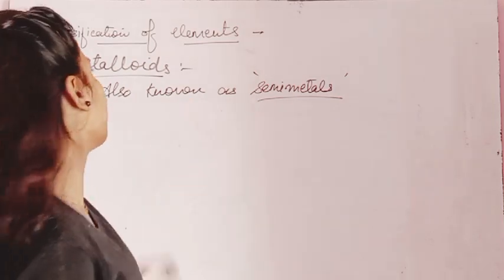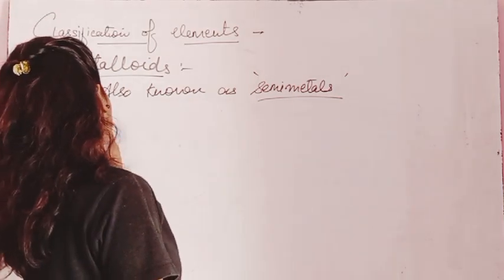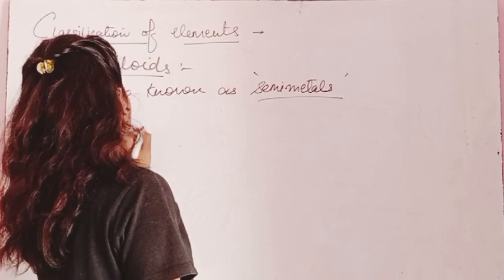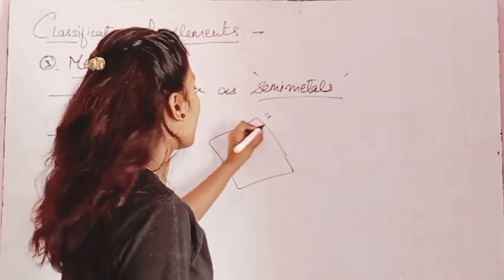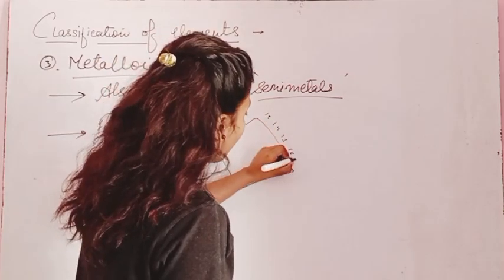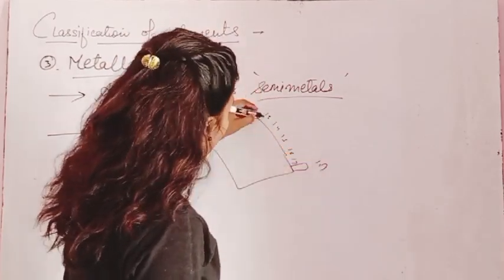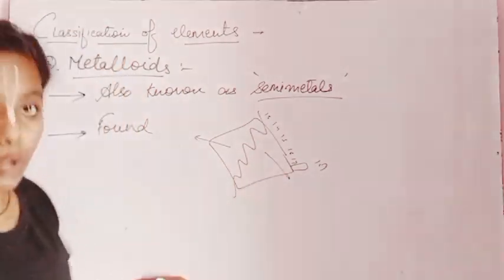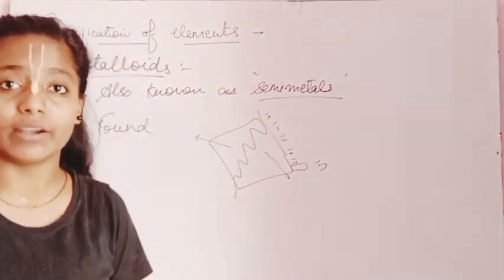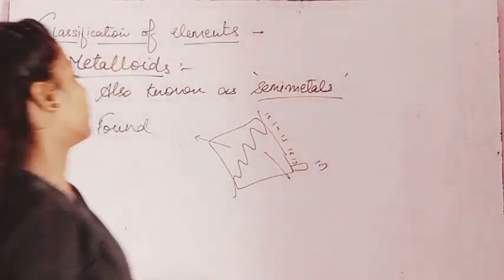Second point regarding your metalloids is they are found, I would say found. I just told you the table for your P block, that is your 13, 14, 15, 16, 17 and here your 18. So at the borderline, downside is your metal, upside is your non-metals, in between it comes here the elements which are your metalloids, right?